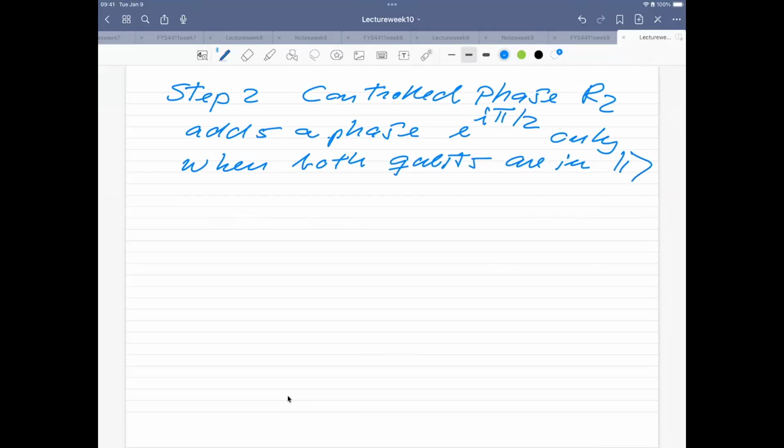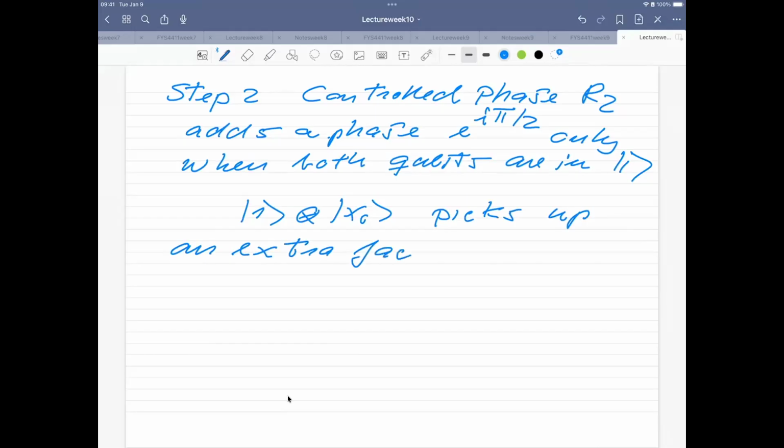That means that if we look at this amplitude of 1 tensor product with x0, that picks up an extra factor which is e to the 2 pi I x0 divided by 4.